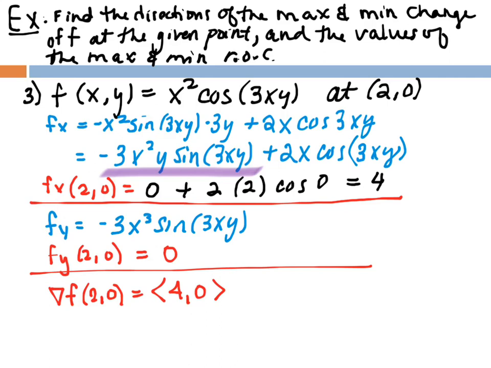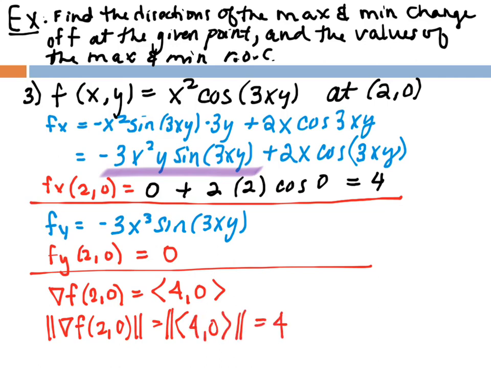So my gradient magnitude, that is the magnitude of (4, 0), is just 4. I don't actually have to do anything to calculate that. Of course, if it weren't (4, 0), and I had components in each of those places, I would use the Pythagorean theorem, right? Okay.